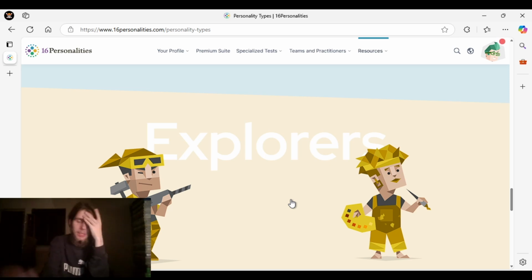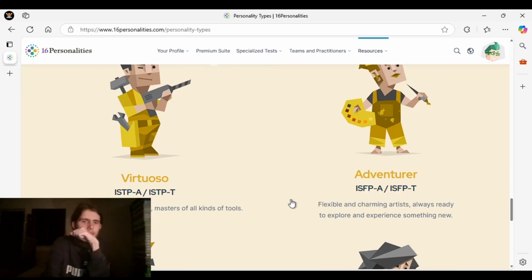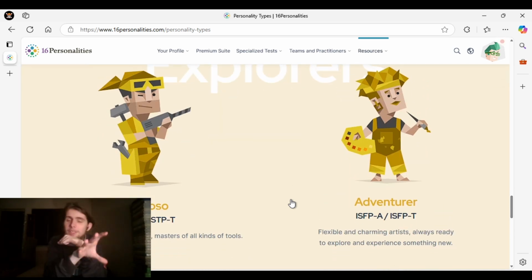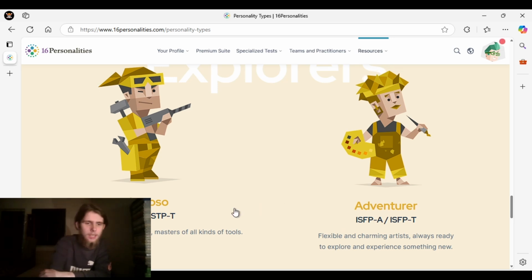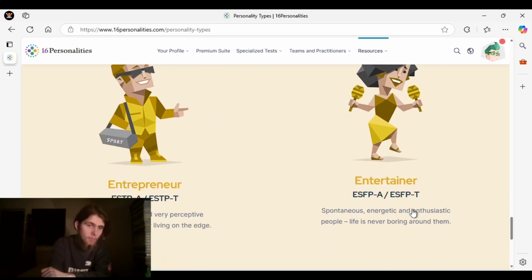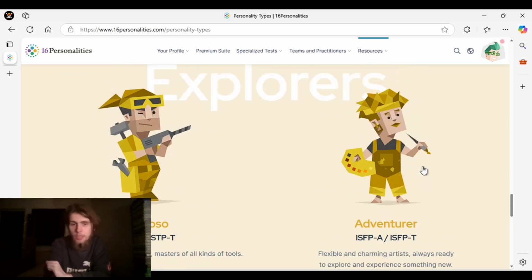That's completely dependent on things, which means you will see them make mistakes more often than some of the other types. So we have the virtuoso, the ISTP, the adventurer, the entrepreneur, and the entertainer in this category.